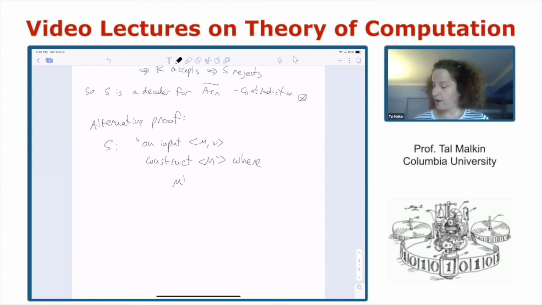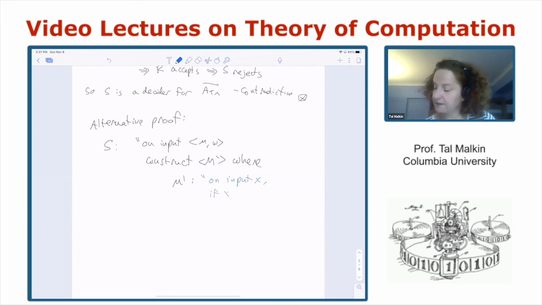M prime will do the following. On input X, I'll do the following.